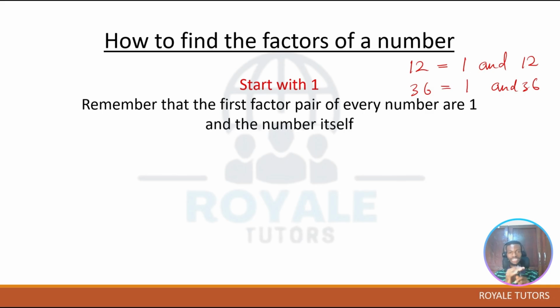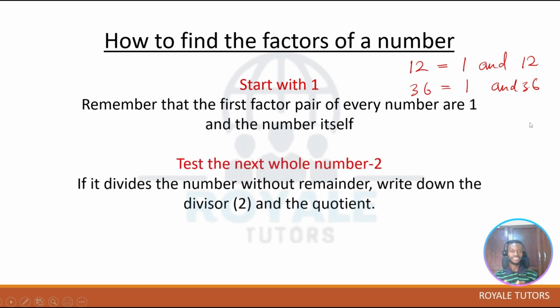So start with what? That's the first step. Start with 1. Afterwards, you proceed to test the next whole number, which is 2. When you want to get a factor pair of 12, you start with 1. Can 1 divide 12? Yes, because 1 can divide every number. After 1, you go to 2.